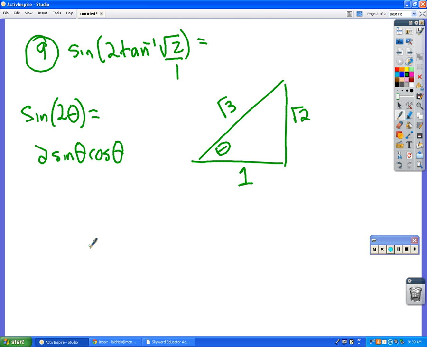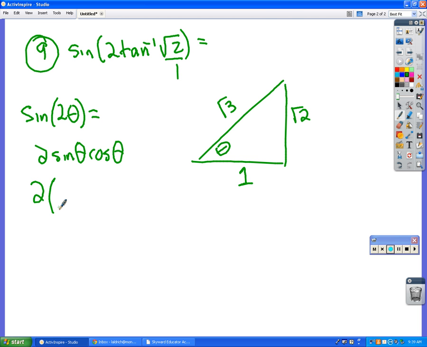Now, same thing as before, except instead of just figuring out the sine of the angle, we have to do this formula here.